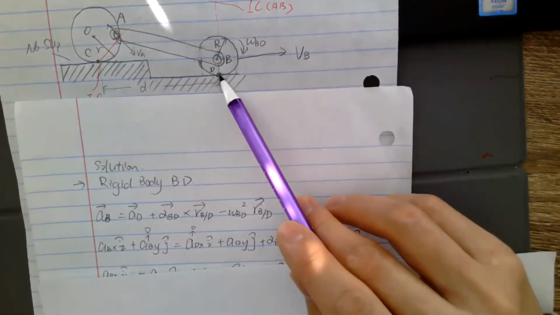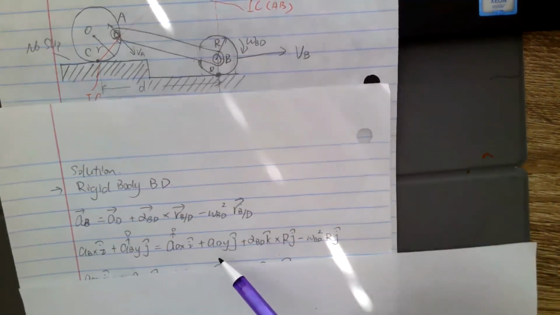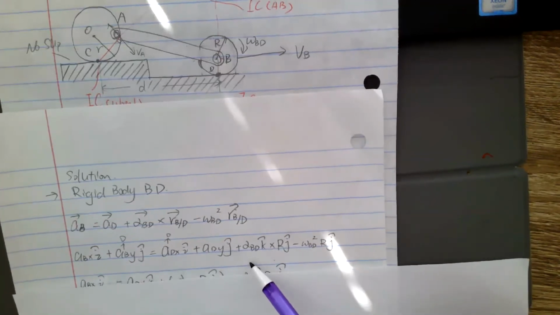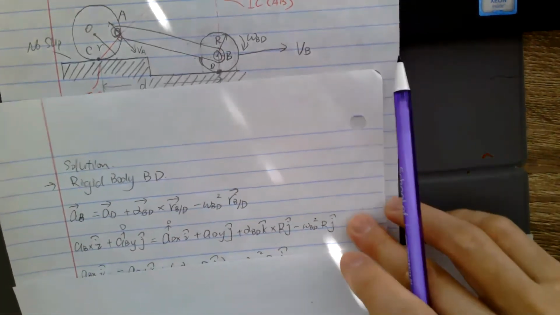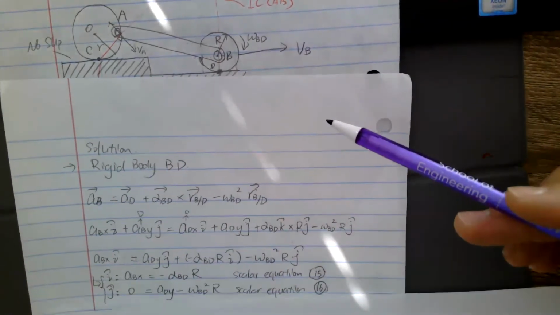Again, this is special case number 1, rolling on a fixed surface, no slip. And A_Dy j plus alpha equals Rj minus omega_BD squared Rj. Big R is the radius of this disk. 2 more scalar equations, one on i, one on j. That's scalar equations number 15 and number 16.